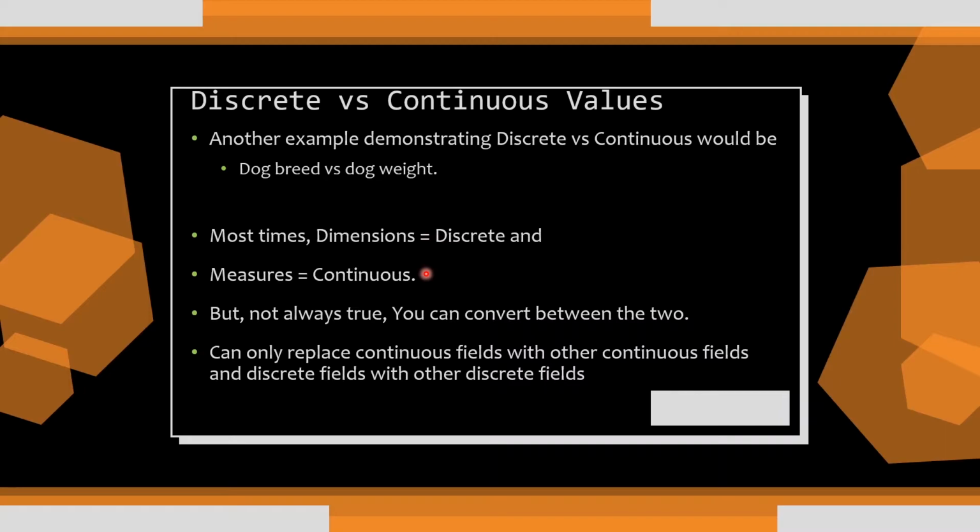You can also convert columns between discrete and continuous. Especially when you're working with dates, you can have your date be continuous or discrete. But just know that you can only replace continuous fields with other continuous fields and discrete fields with other discrete fields. And this will make a lot more sense as I show you how to do conversions in Tableau.